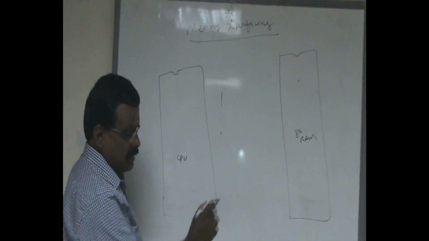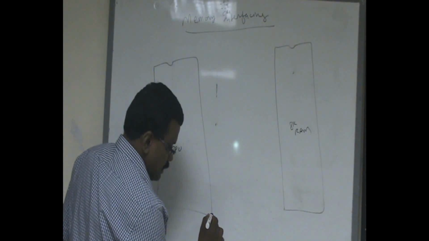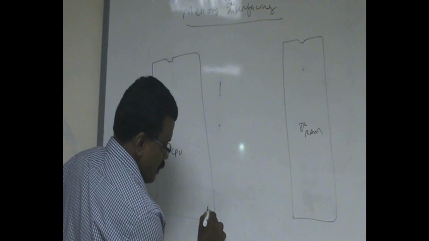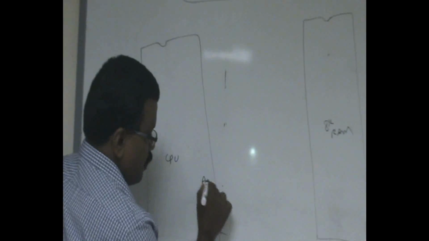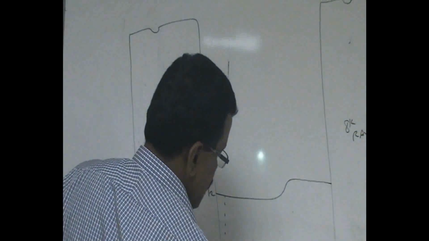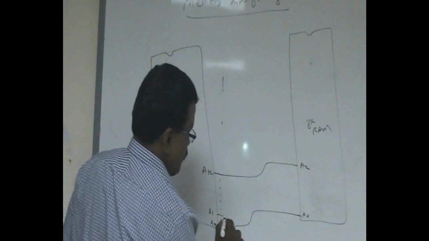As we have already discussed, 13 lines are required. So the address lines A0, A1 up to A12 should be directly connected with A0 to A12 of the 8K RAM.